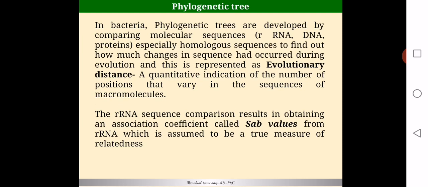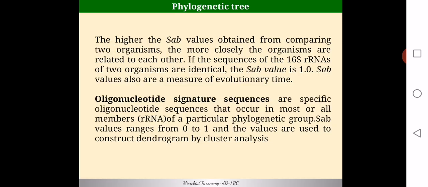These changes are also represented as an association coefficient between organisms, which is called the SAB value. So SAB values are association coefficients obtained by comparing the sequence of rRNA molecules, and this gives you the relationships or relatedness of organisms based on the molecular sequences.